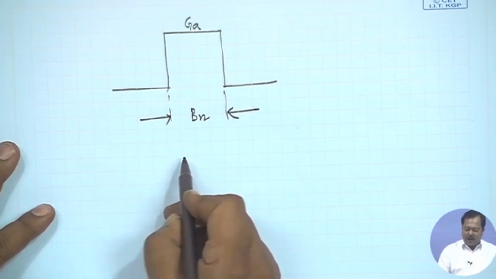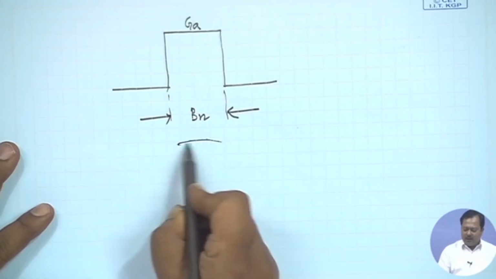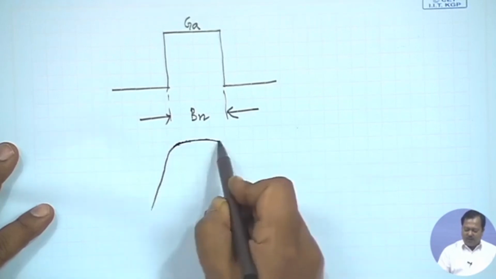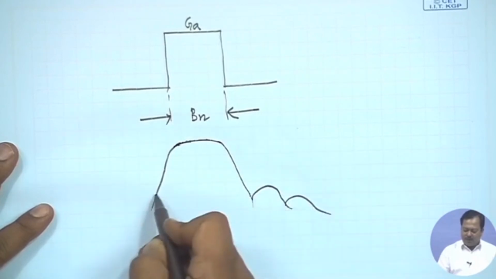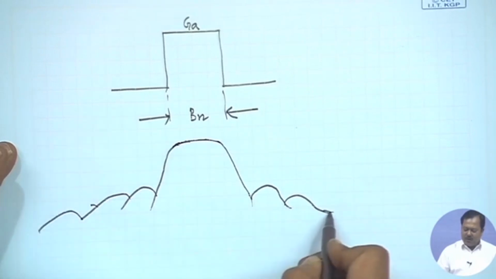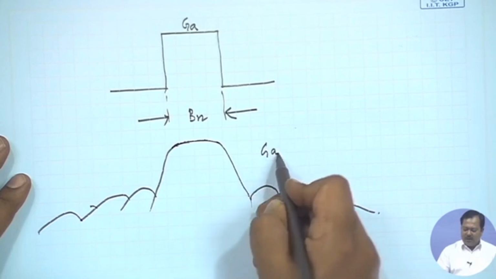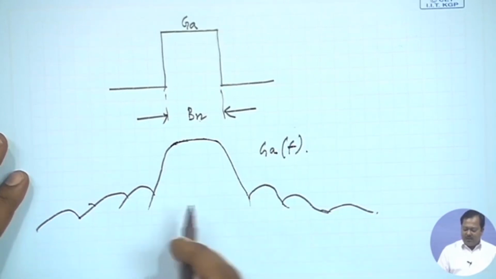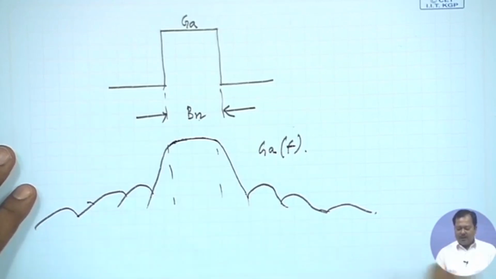But for any practical system, consider any band pass filter, the gain is not constant but becomes a function of frequency, and we have contributions from other frequency components. So the gain Ga is a function of frequency, and what value of bandwidth Bn should we take for this practical scenario?